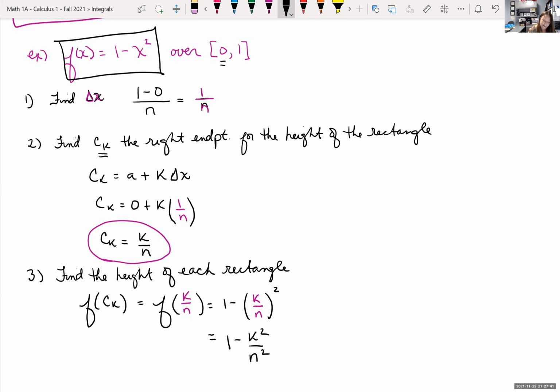So the area of one rectangle, well, it's f of c sub k all times the change in x. And our change in x, delta x, is 1 over n.